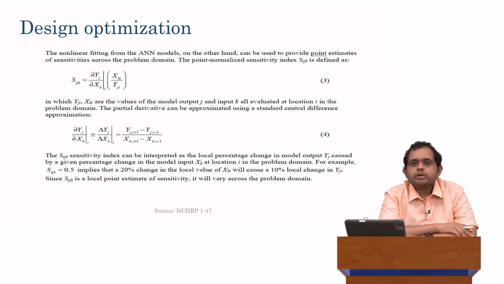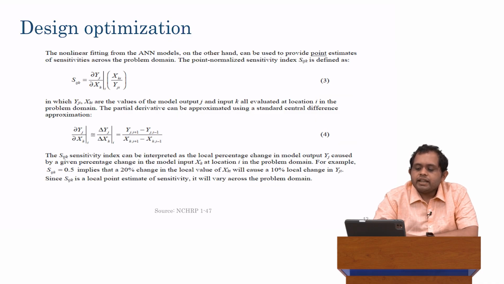Okay, once you get the Monte Carlo simulation, they went on to define a particular value which is called the sensitivity. The sensitivity of a variable with respect to another variable is basically the derivative of the variable with respect to the independent variable.